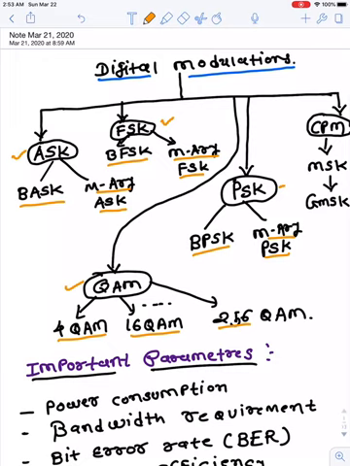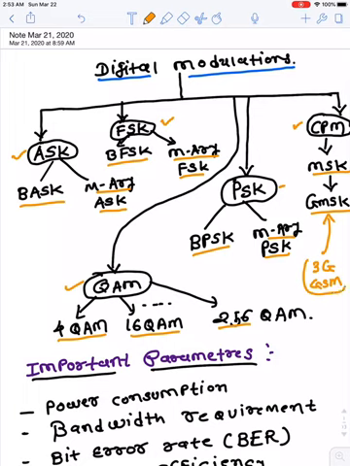The another important digital modulation scheme that we will learn is known as a continuous phase shifting key, and we even learn with the various entities of minimum shift key and Gaussian minimum shift key. This Gaussian minimum shift key is very important modulation scheme, and it is widely used in third generation GSM system.